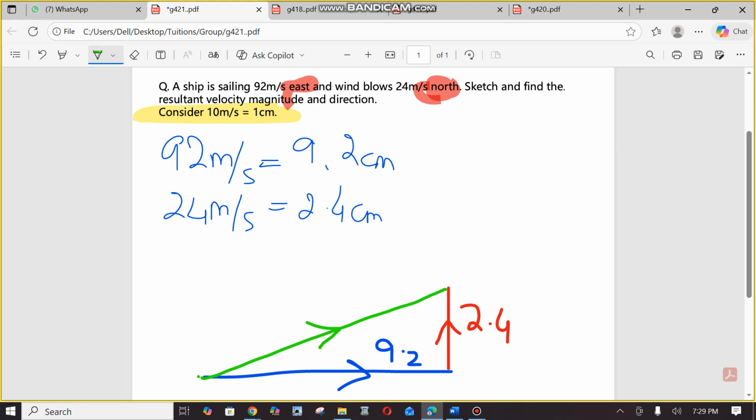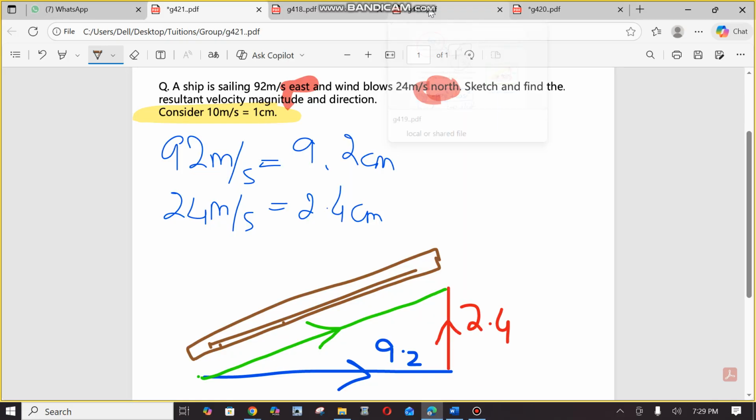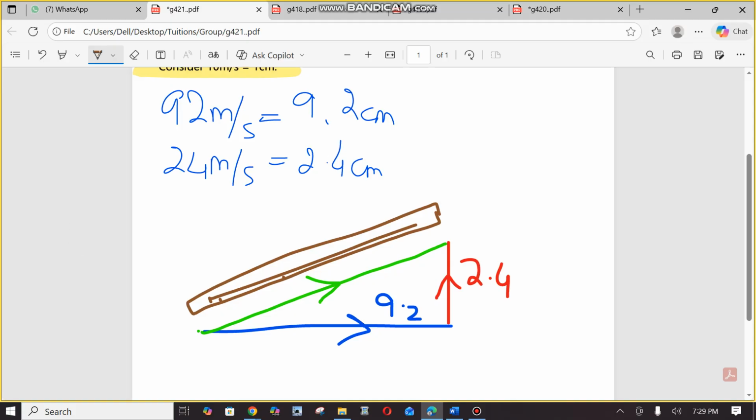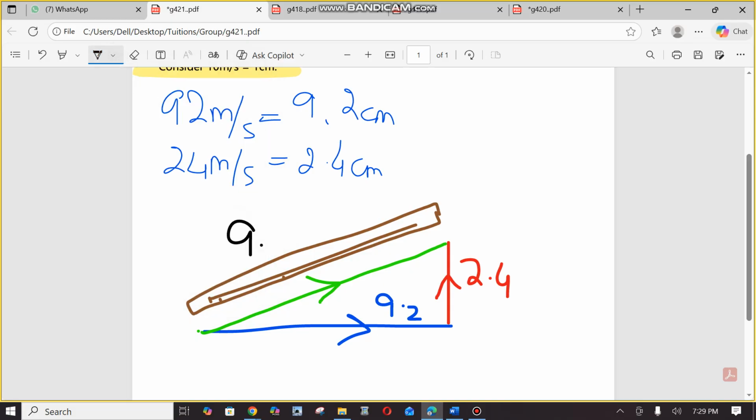Now with the foot ruler, you will place the foot ruler next to this line that you have drawn, and you will take the reading. For example, the foot ruler shows me 9.5 centimeter.